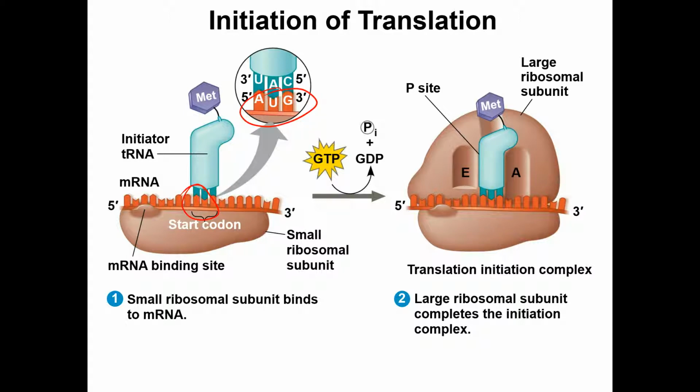But as they're being synthesized, the very first amino acid is always going to be methionine or formyl methionine, and it's always encoded by the codon sequence in the mRNA, AUG. So this tells you where translation of a protein sequence begins.